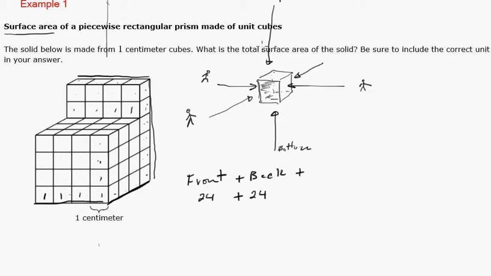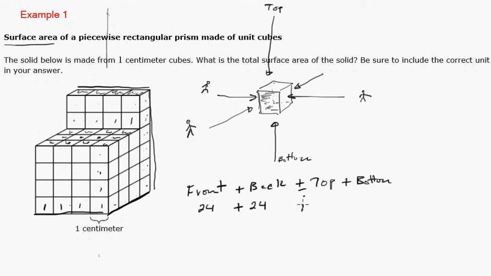Now let's do the top. The top I see 4 by 4, which is 16. So the top and the bottom, I get 16 plus 16.